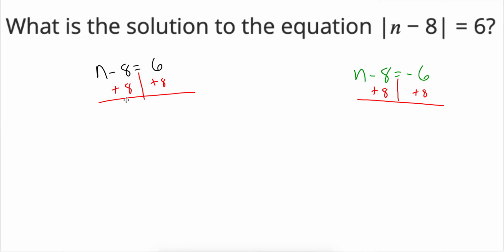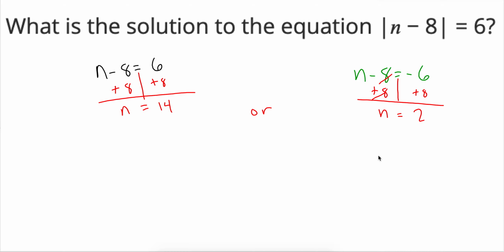Negative 8 plus 8 is 0, so n is equal to 8 plus 6 is 14, or n is equal to negative 6 plus 8 is positive 2.